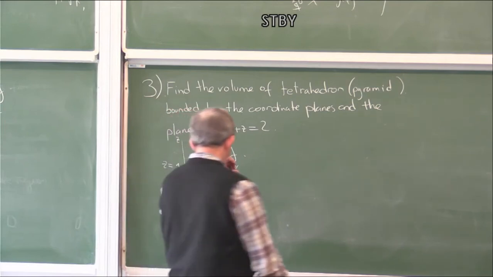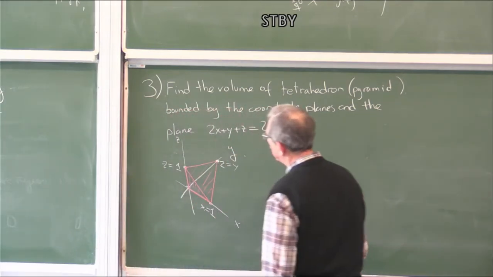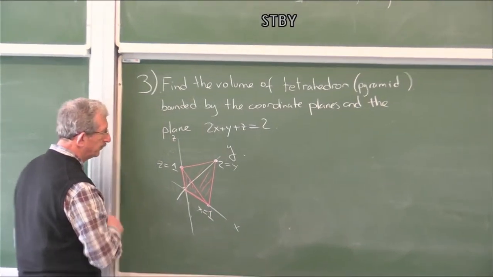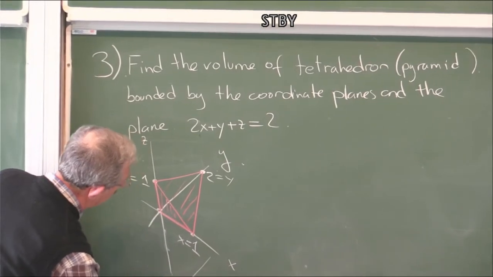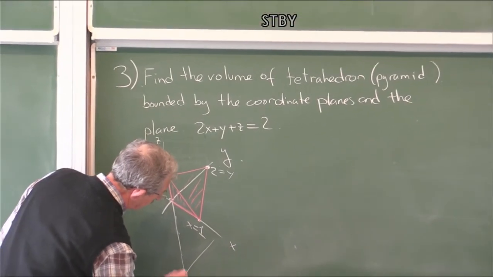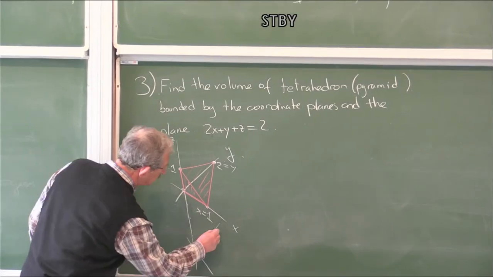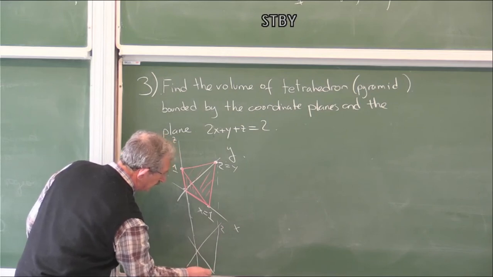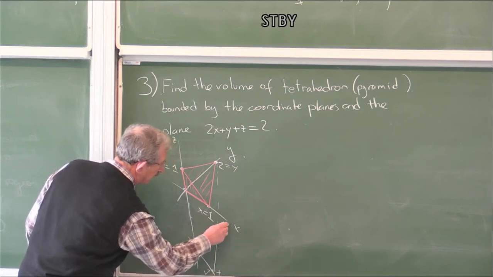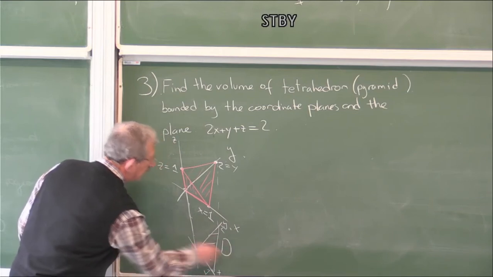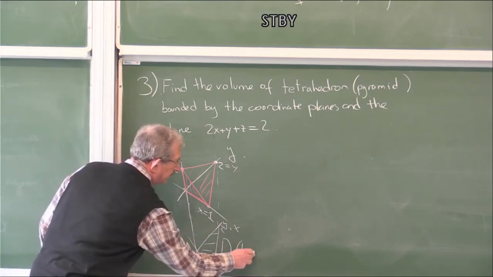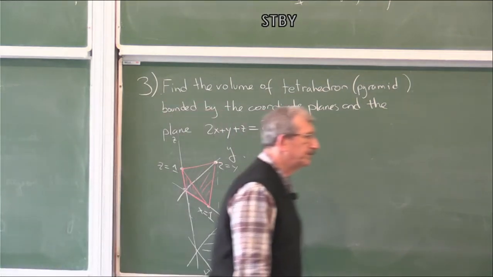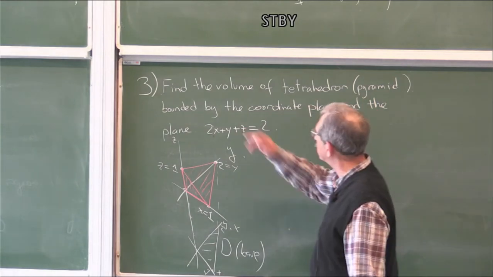Firstly, also clear from the picture, we see that the bottom of the tetrahedron is something like this, where this is 2, this is 1, this is the x-axis, and this is the y-axis. This is our D, the base of the tetrahedron. The top is just the plane given here.